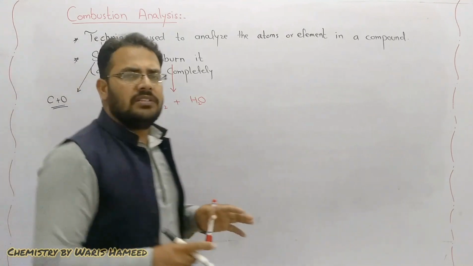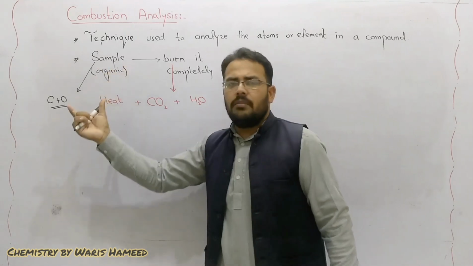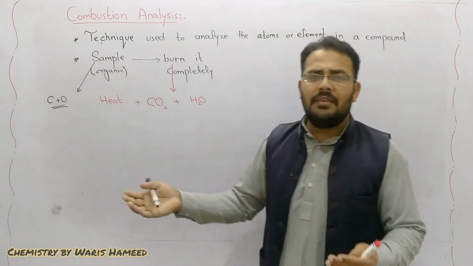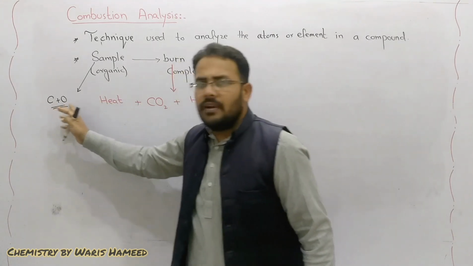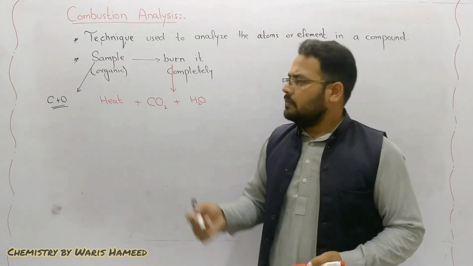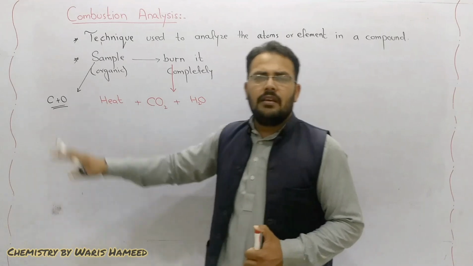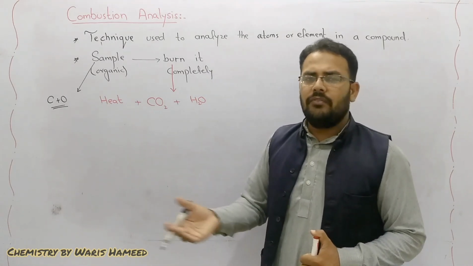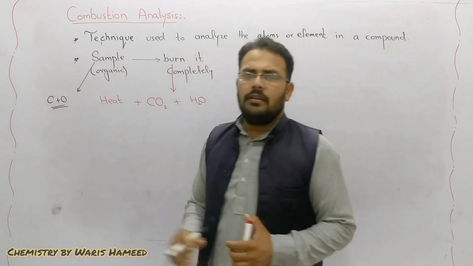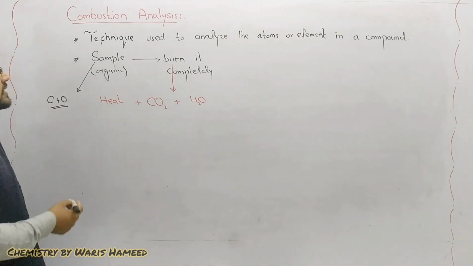The disadvantage of combustion analysis is that if the compound has other elements rather than carbon and oxygen, then we cannot analyze the compound, because we obtain other oxides and other hydrides of the elements, not only carbon dioxide or hydride of oxygen.